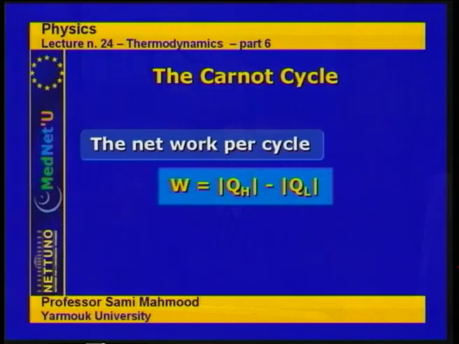So the sign is included in the equation, and thus in absolute form we deal only with the magnitude. So Q sub C absolute value is actually a positive value, and Q sub H absolute value is also a positive value.